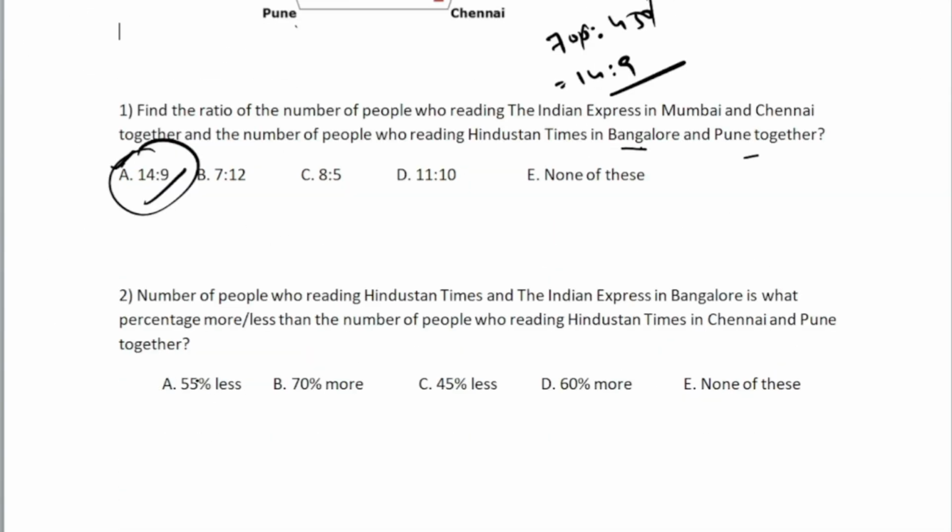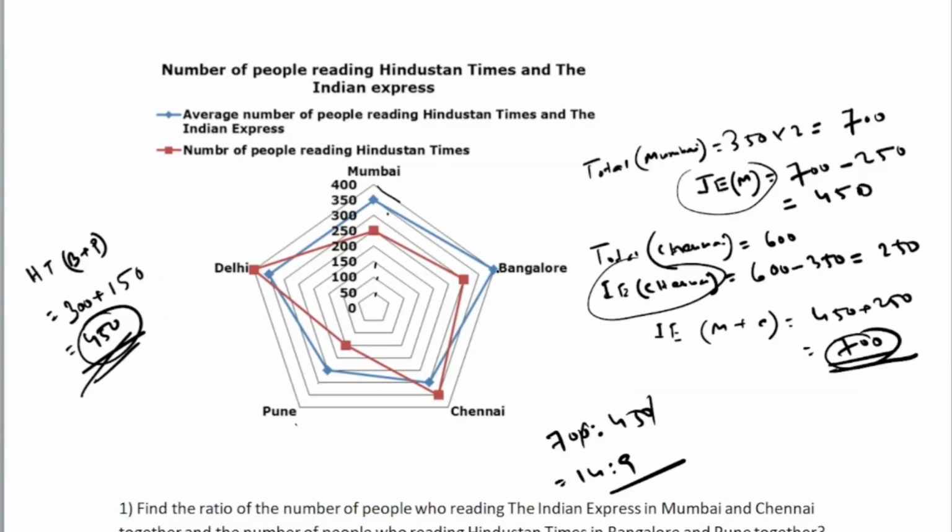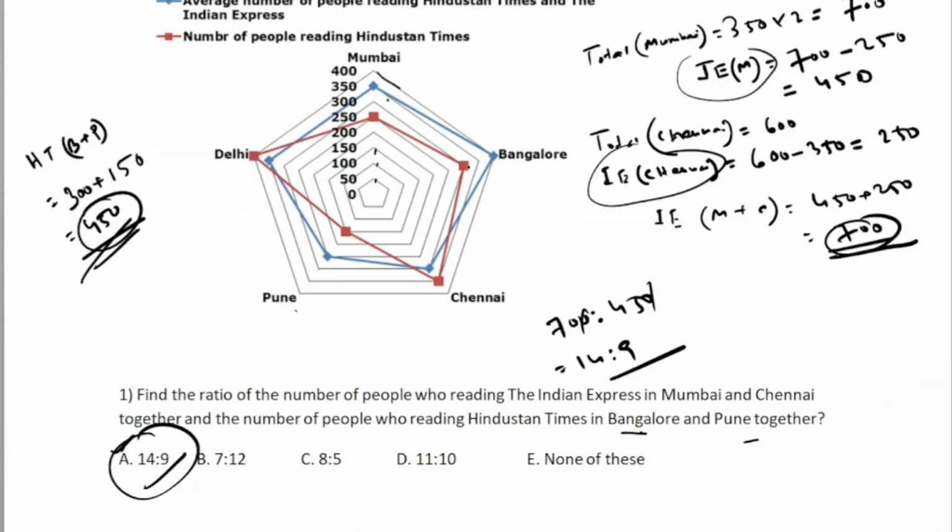The second question: the number of people who read Hindustan Times and the Indian Express in Bangalore is what percent more or less than the number of people who read Hindustan Times in Chennai and Pune together. So Hindustan Times and the Indian Express in Bangalore. Bangalore में Hindustan Times and Indian Express कितने लोग पढ़ रहे हैं वो देखना है पहले.